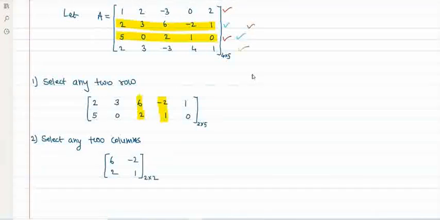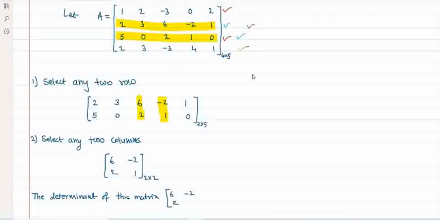And we are finding the minor of order 2, which is nothing but the determinant of this matrix. So the determinant of this matrix is the minor of order 2.